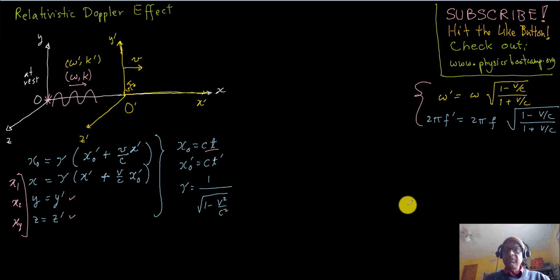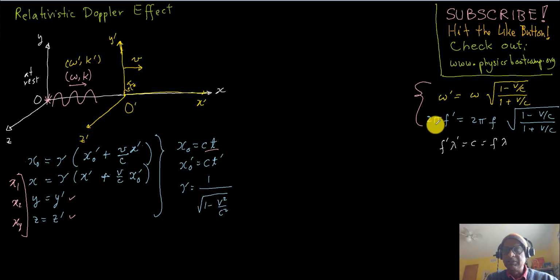Okay, so the first thing to figure out is the relationship between the frequencies, and once we have f prime, we can say lambda prime times f prime is the speed of light, the same as f lambda. So we can just convert this.